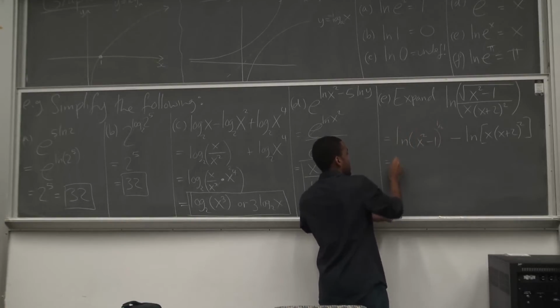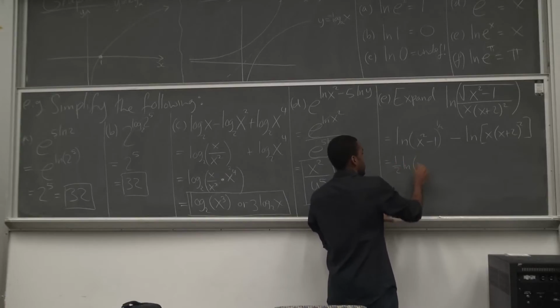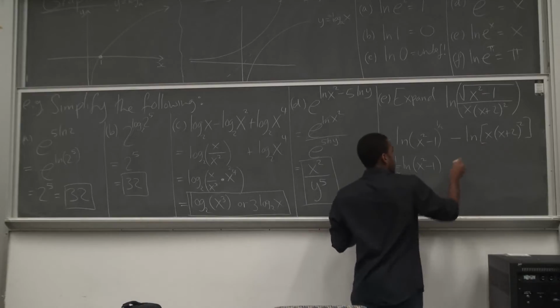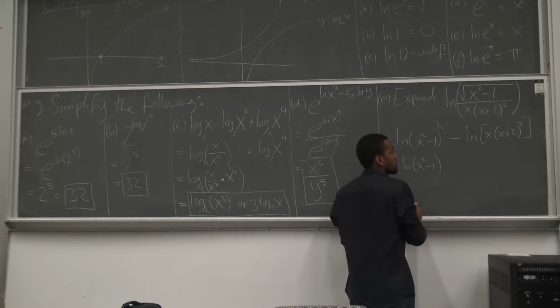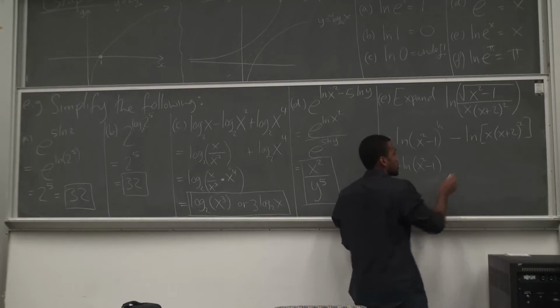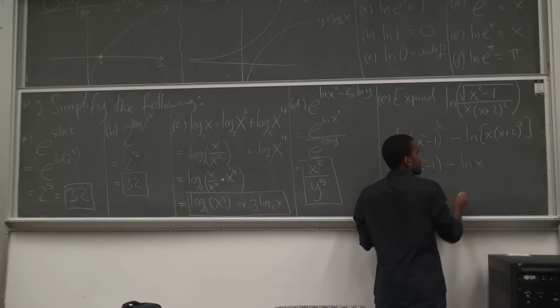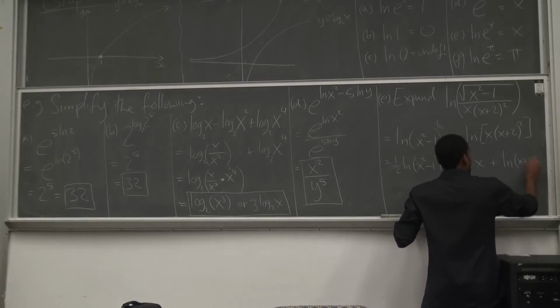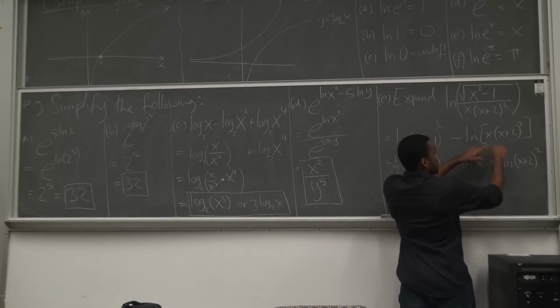And I will use the rule so that I can bring that half down. What about over here? That'll be minus ln x plus 2 ln parentheses x plus 2. Too fast. X plus 2 squared, because the product means I multiply.